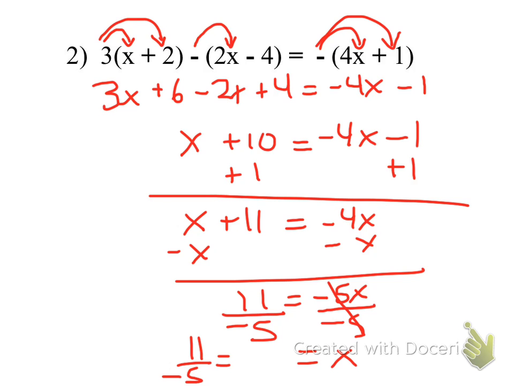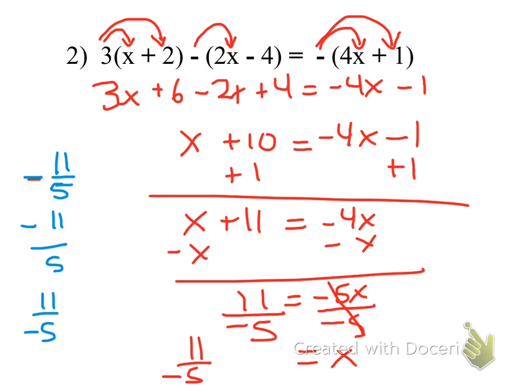I just can't get all the way over there because I got this little tab here. Now, I could also take that negative 11/5, I can take the negative in the middle. Negative 11 over 5. I can write it like this, negative 11 over 5, or I can write it like this, 11 over negative 5.